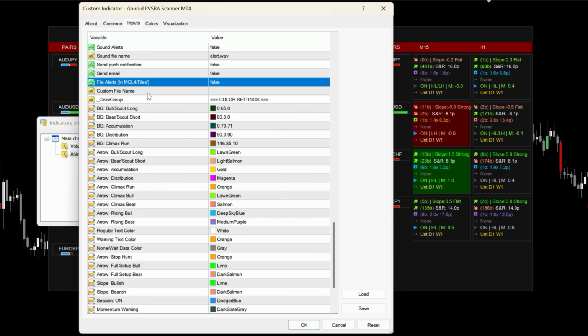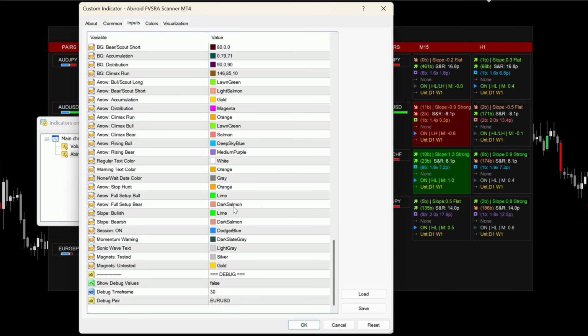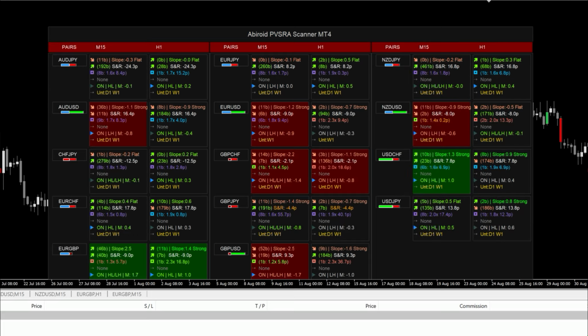After that, all of these are just the color settings so that you can customize the scanner exactly how you like it. And finally, if you feel like you're not getting the correct values, you can also set the debugging to true and set the time frame or the debug pair, and that will give you detailed logs. Based on those logs, you can figure out why you are getting a signal or not.